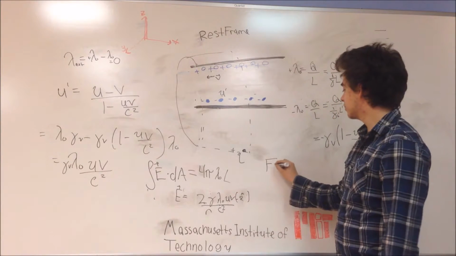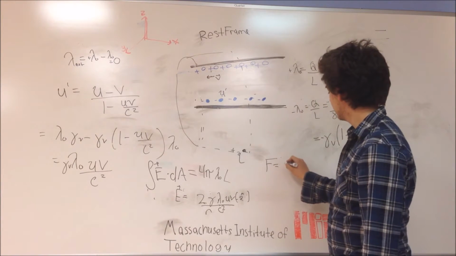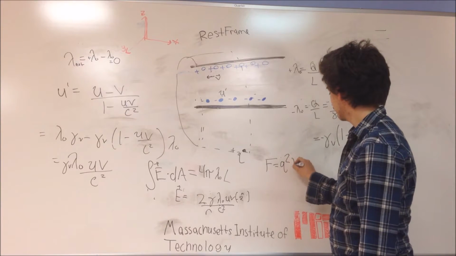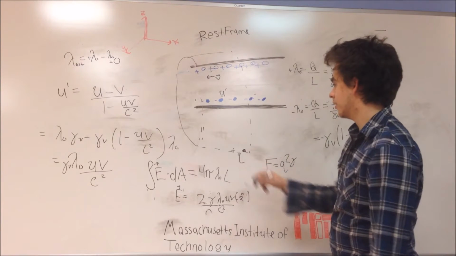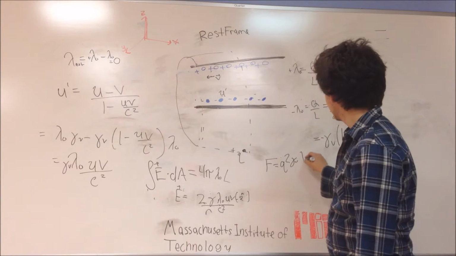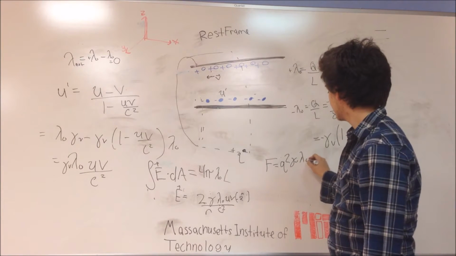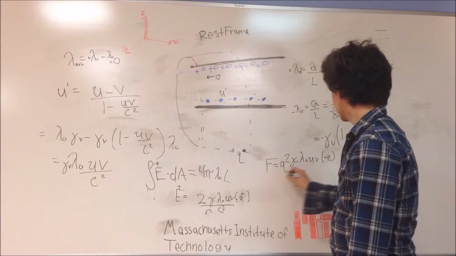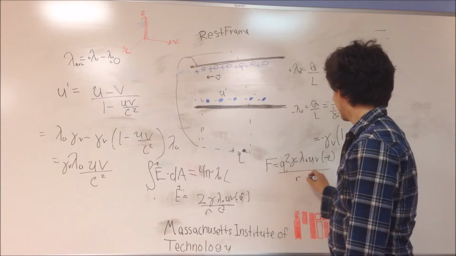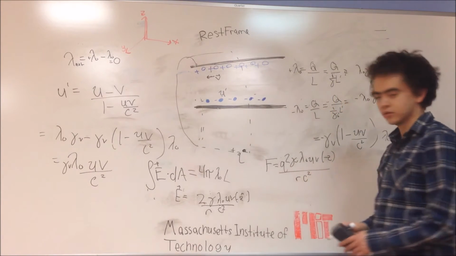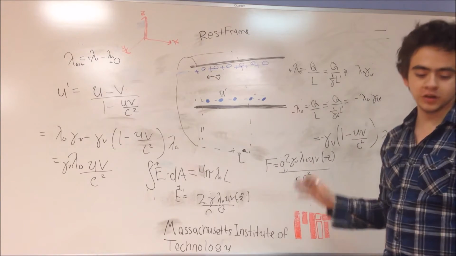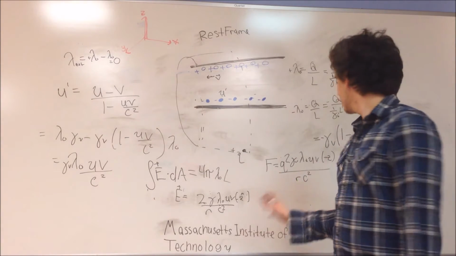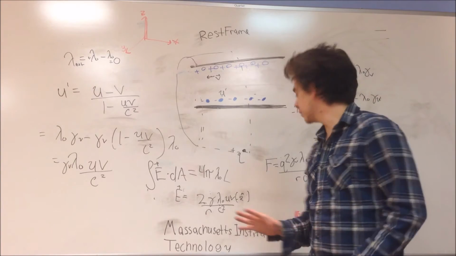Then this particle will experience a force which is going to be q times 2 gamma lambda naught u v, down, over r c squared. Now, hopefully this is familiar to you. I erased it, but hopefully this is familiar to you.